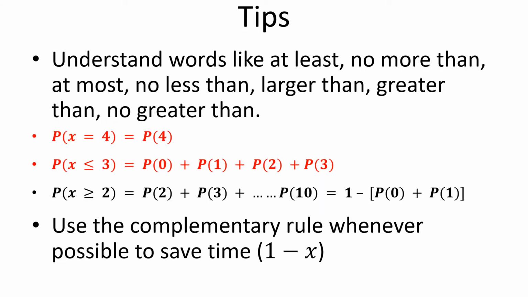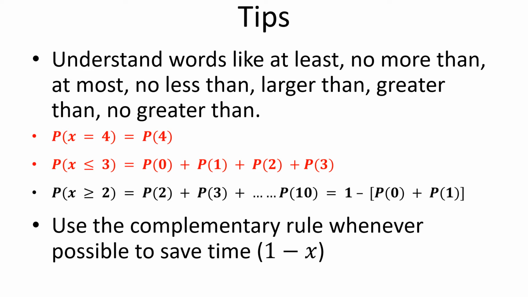Besides just identifying the words, many students struggle with the terms that are in the question. So you need to understand what each word represents or stands for. So you need to understand words like at least, no more than, at most, no less than, larger than, greater than, no greater than.